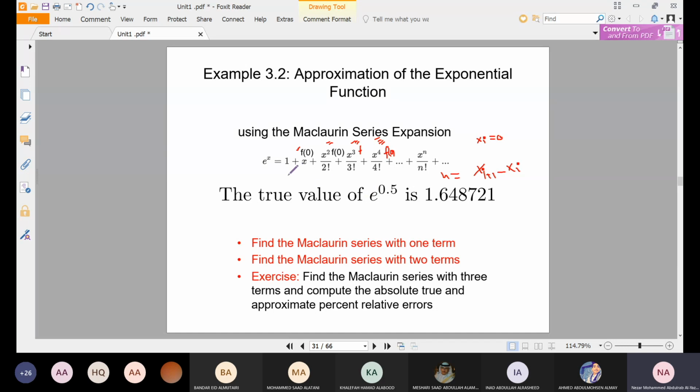What's the function f? This is the function f that we have, and this is multiplied by the derivative.